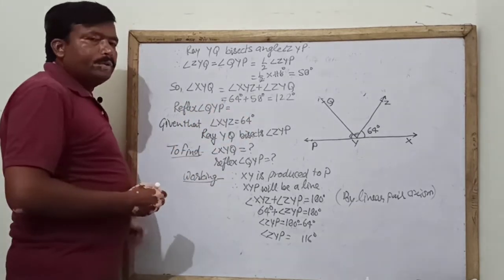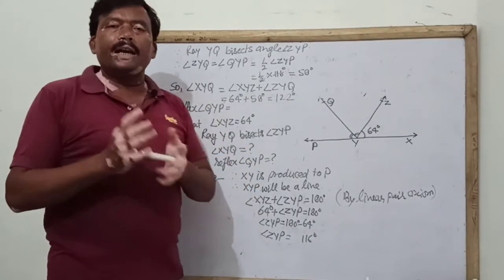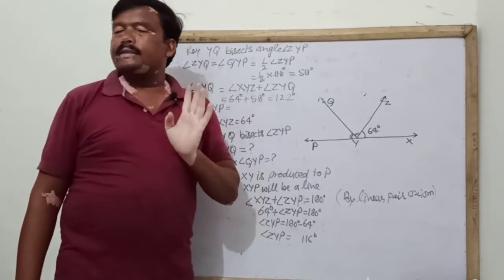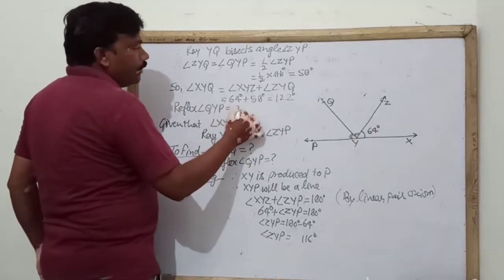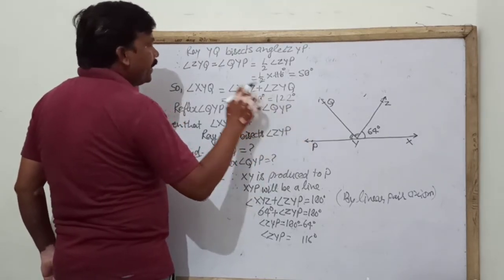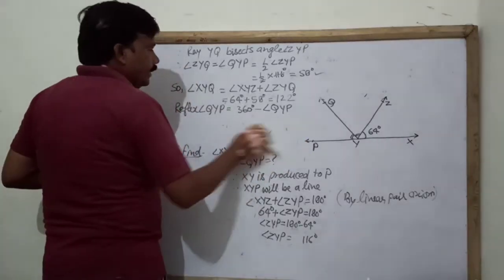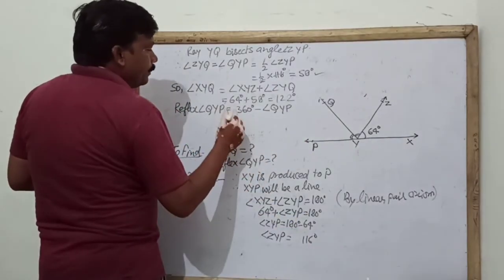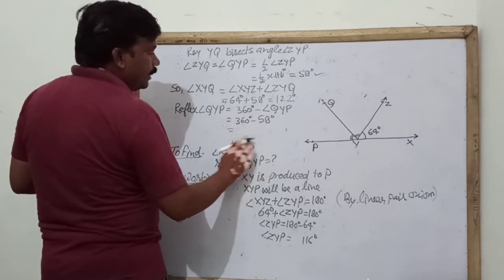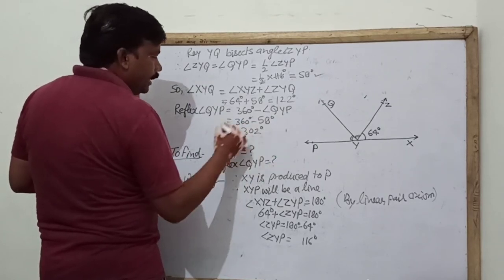I have told you in our previous video that when you want to find the reflex angle of any angle, then subtract that angle from 360 degrees. So 360 minus angle QYP, and the value of angle QYP is also 58 degrees. Putting the value, 360 degrees minus 58 degrees, the answer is 302 degrees.